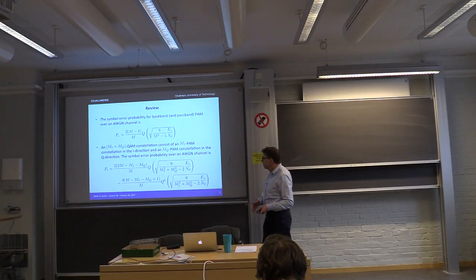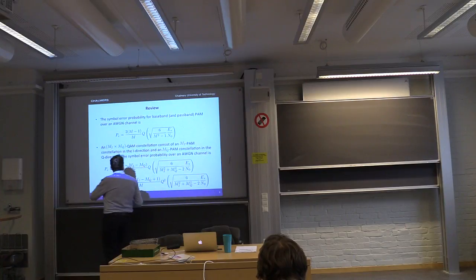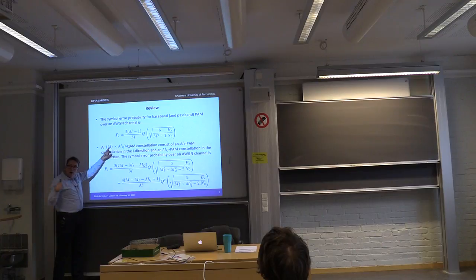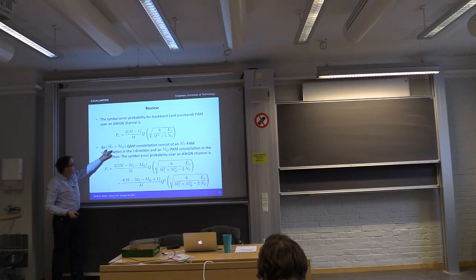It looks something like this. And here the total number of points in the constellation is the number of points along the horizontal axis times the number of points along the vertical axis. So M_I and M_Q, we can play around a little bit with that, and we can get different results here. And here's the end result.